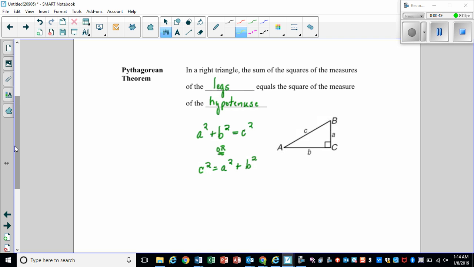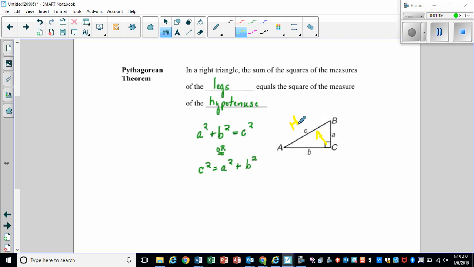So what is the Pythagorean theorem? I'm sure you have heard of this before in your 7th grade math, 8th grade, or Algebra 1. Whenever you have a right triangle, the sum of the squares of the two legs equals the square of the hypotenuse. The hypotenuse is always the one opposite the 90 degree angle, and is already labeled as C in this case.